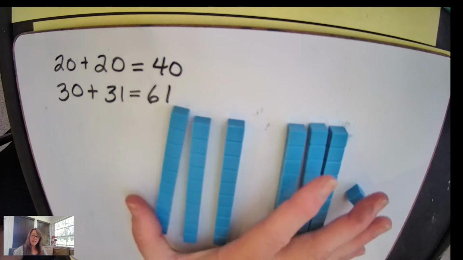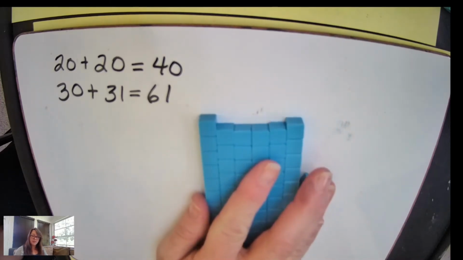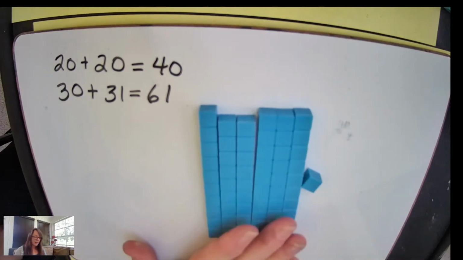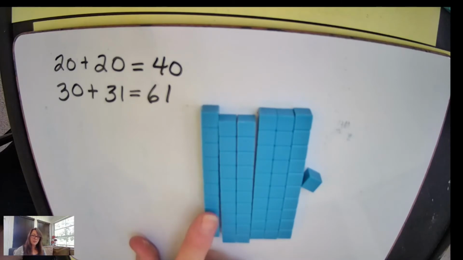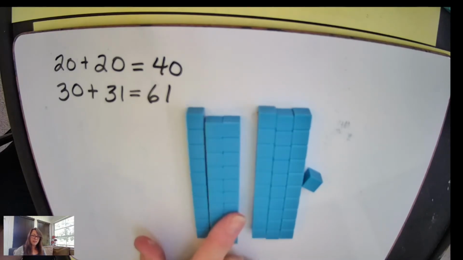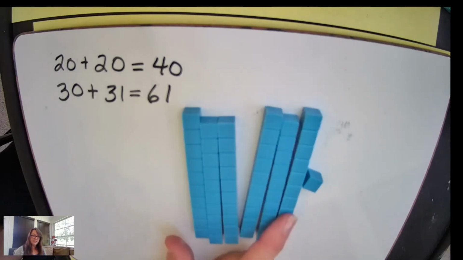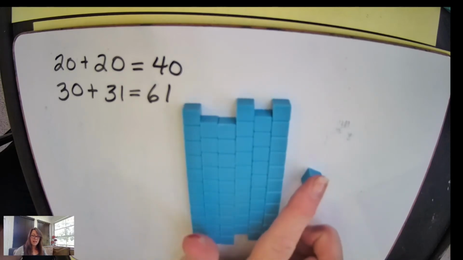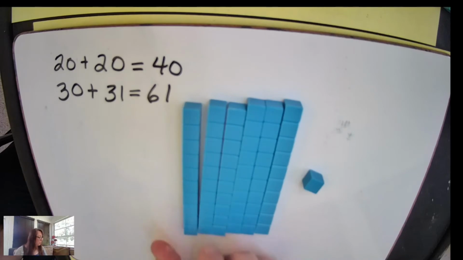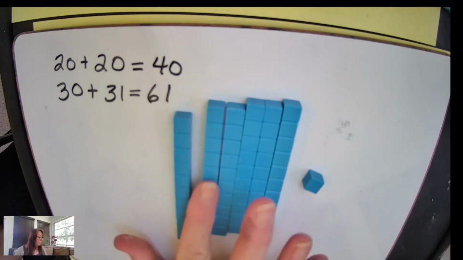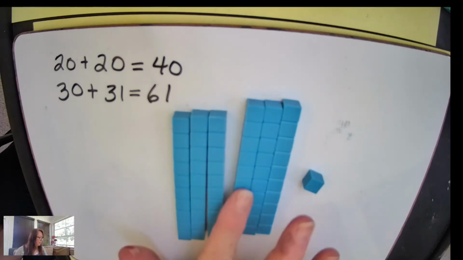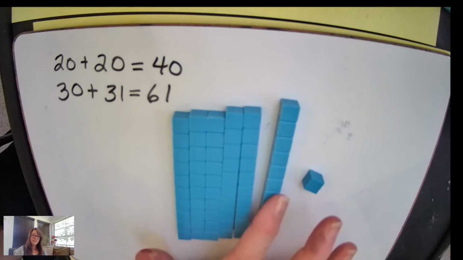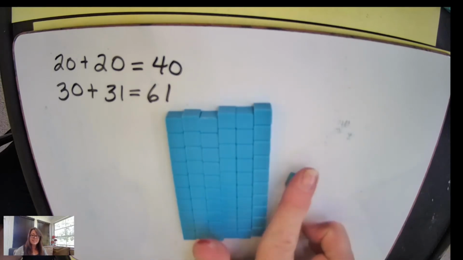So if we add them together, we have how many tens? 1, 2, 3, 4, 5, 6 tens. And how many ones? 1. So that's 10, 20, 30, 40, 50, 60, 61.